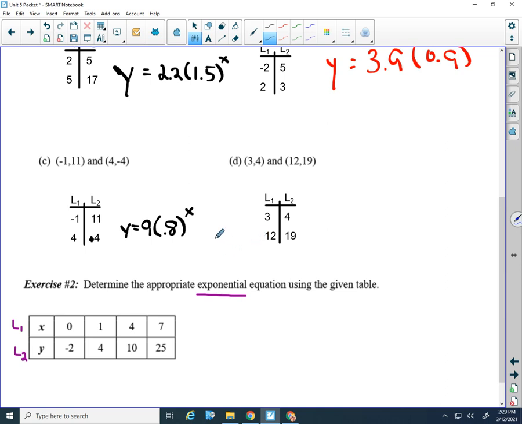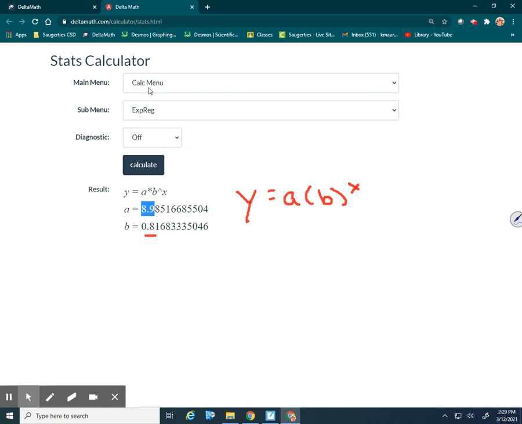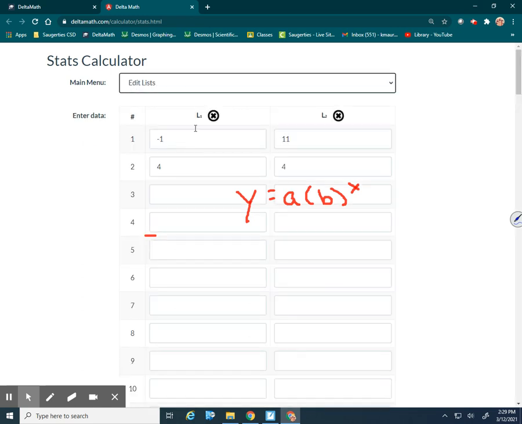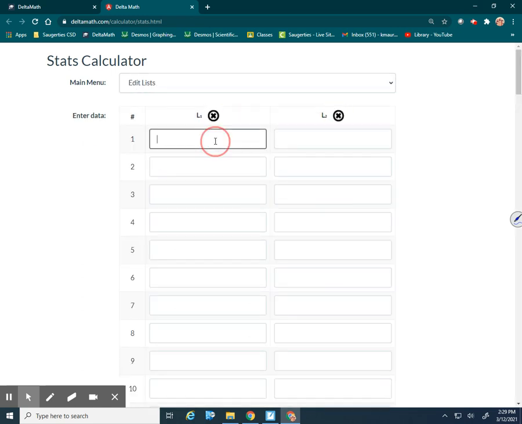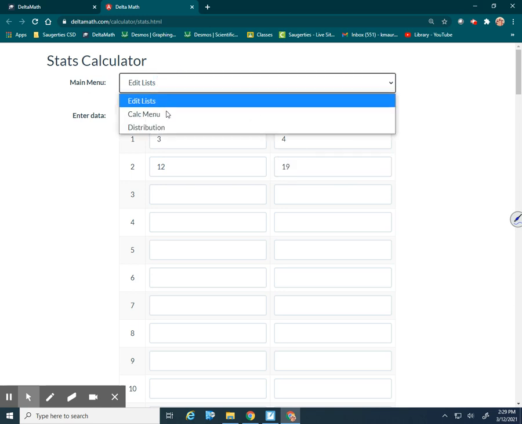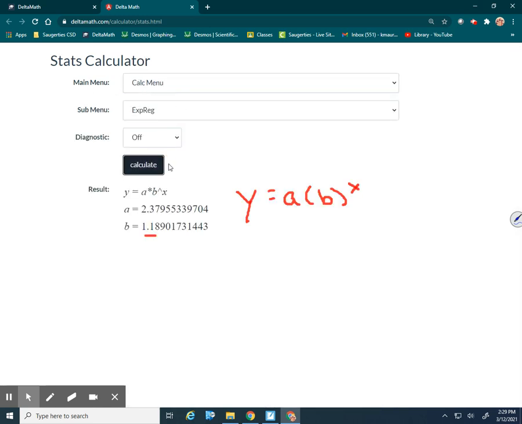Now for these problems, just so you know, I'm assuming that you remember stat edit. If this is something that you struggled with, you really need to reach out and ask for some help. So edit, clear, 3, 4, 12, 1, 9. Calc, exponential.